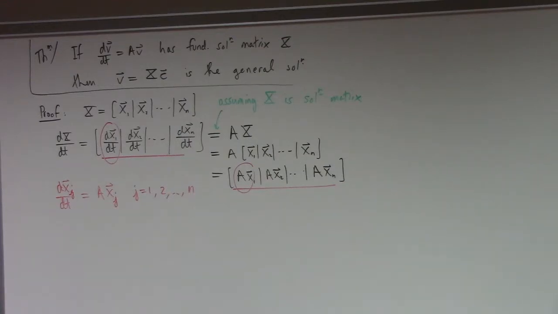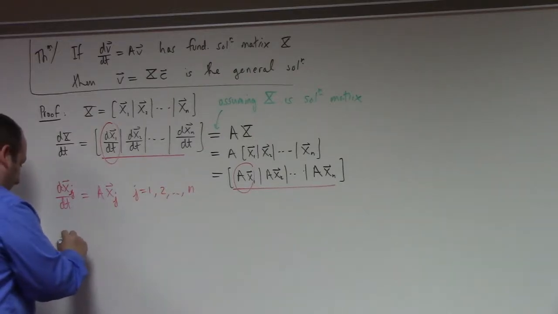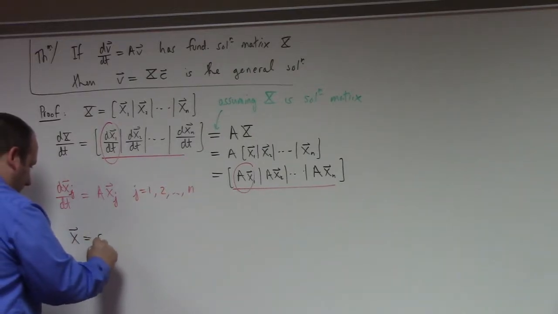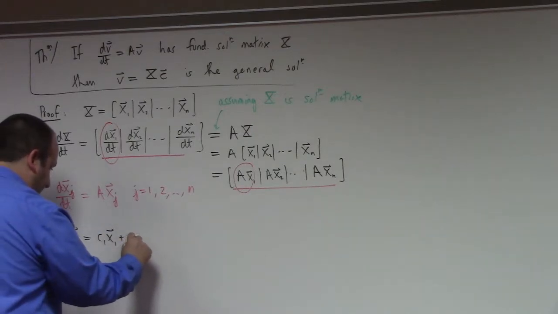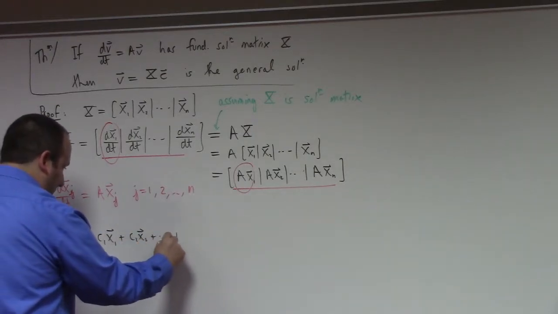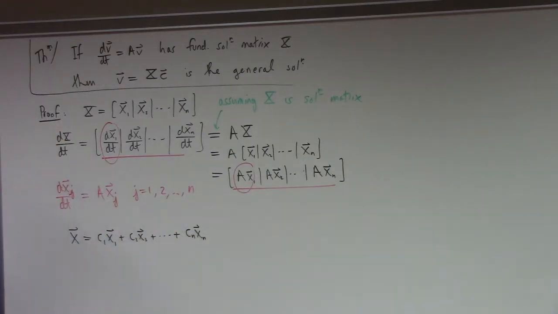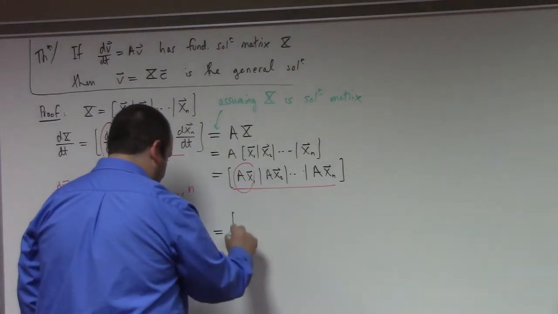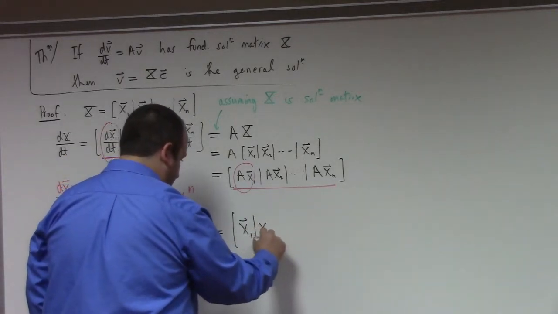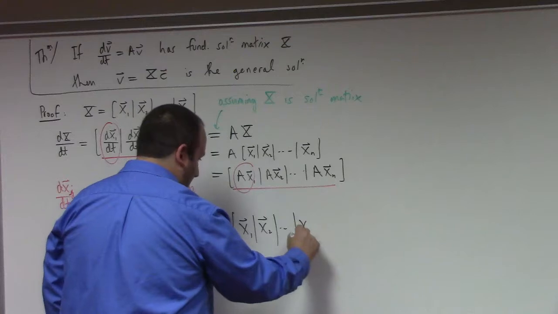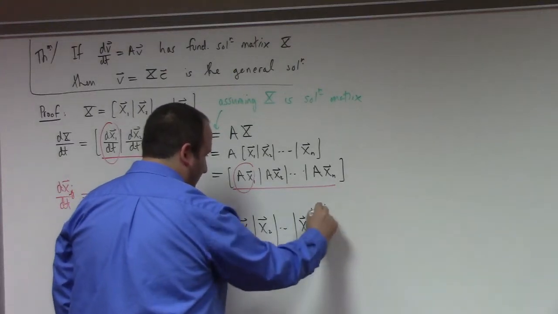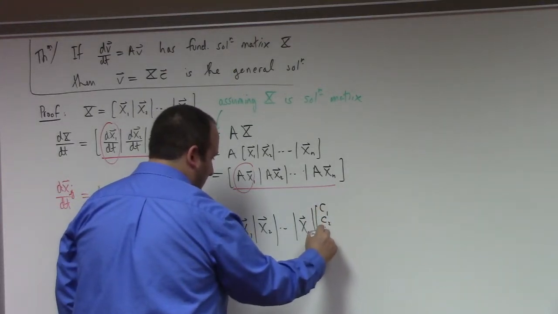Then what did our theorem say? I didn't prove it, but I stated it for you. What would the general solution look like for a homogeneous problem? Remember, it was x equals c1 x1 plus c2 x2 plus plus cn xn. Well, you can take this linear combination and you can rewrite this simply as x1, x2, xn times the vector c1, c2, cn.